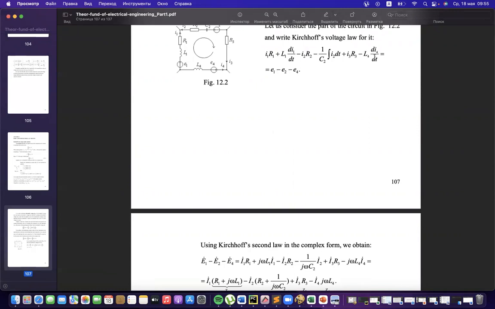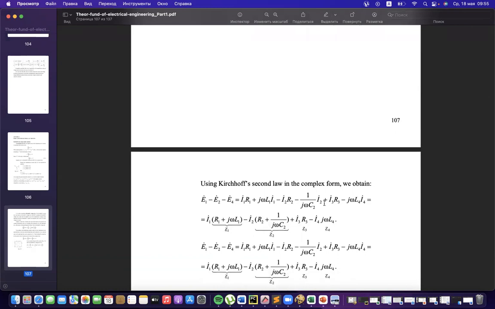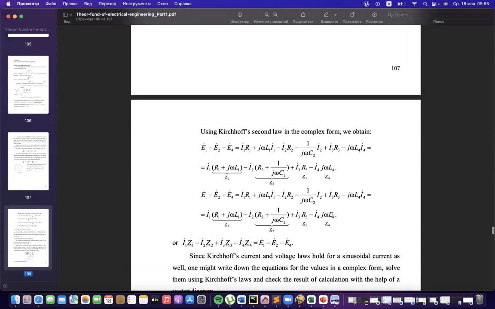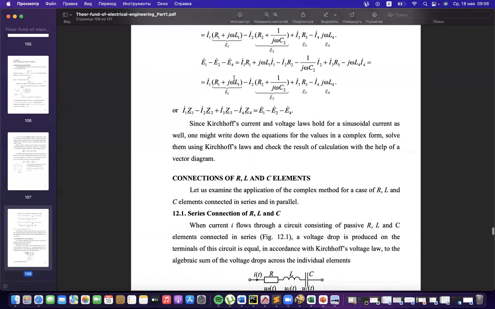For coils, instead of derivatives, it will be the complex resistivity j omega L, multiplied by current in both situations. For the capacitor, instead of the integral function, you have 1 over j omega C, the complex resistivity for the capacitor. And it will be your second Kirchhoff law, or Kirchhoff's law for voltages. Then you could add all resistivities together, simplify this equation, and start to find the solution.